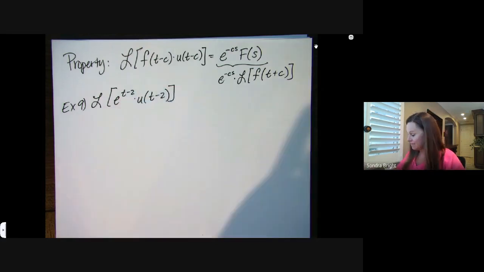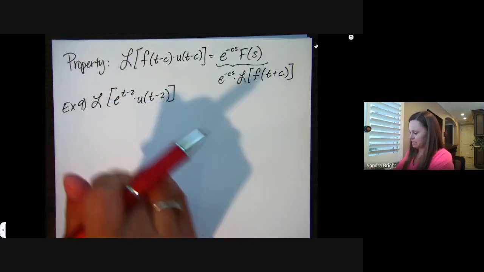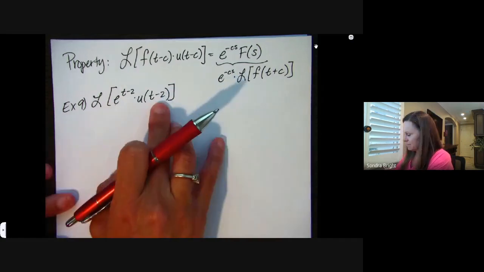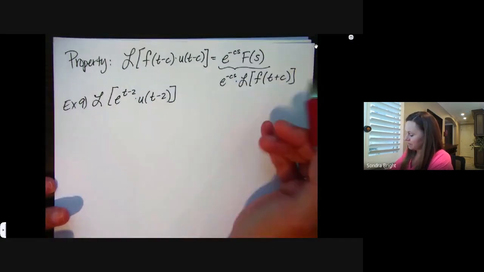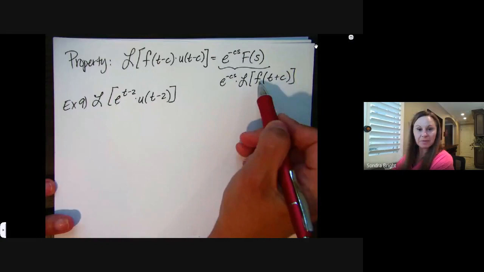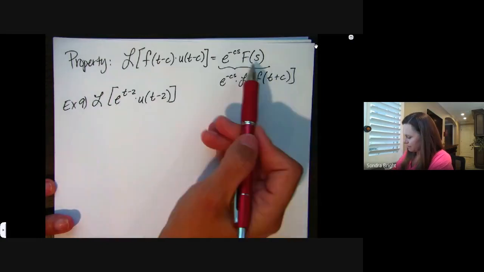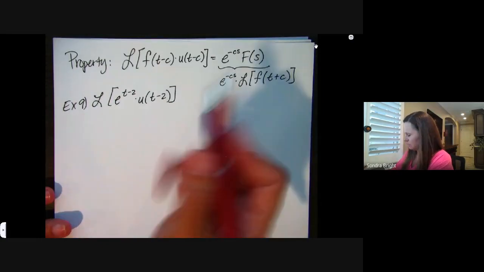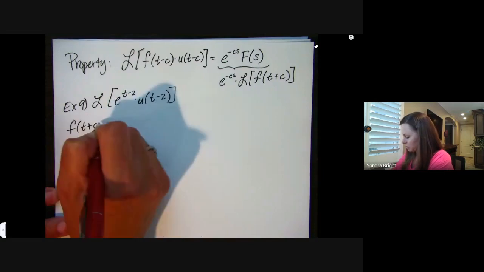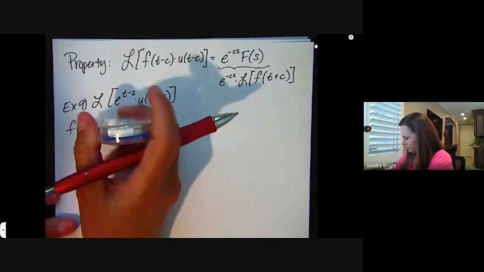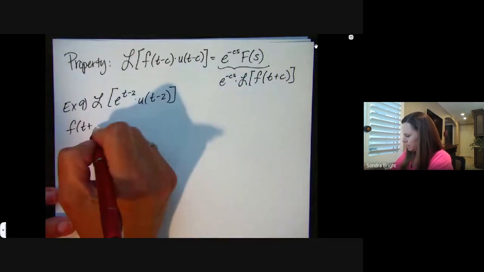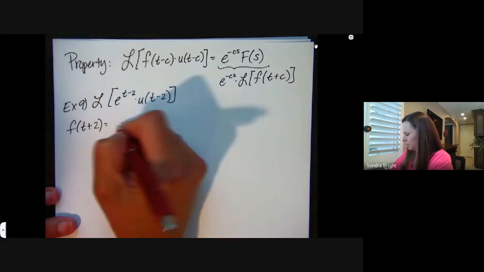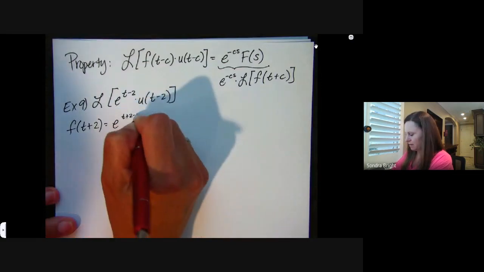So what they gave you here was t minus c, just like this one is. So you need f of t plus c to figure out what this capital F is. So f of t plus c, which would be t plus 2, will be e to the t plus 2 minus 2, which is e to the t.